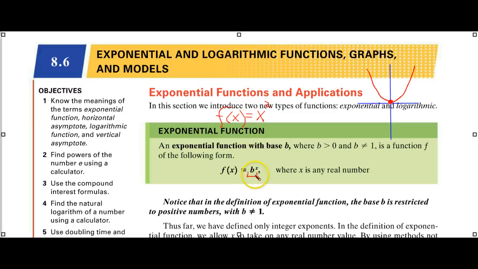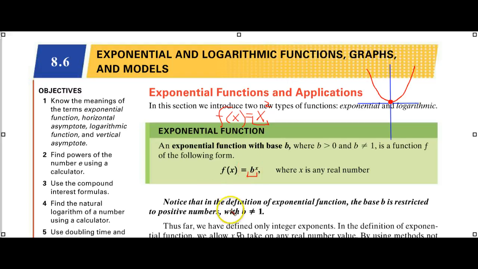So b is our base raised to x, which is the exponent. Here, x is our base, and we're raising it to the second power. So here we can change values of our exponent and see what this looks like.